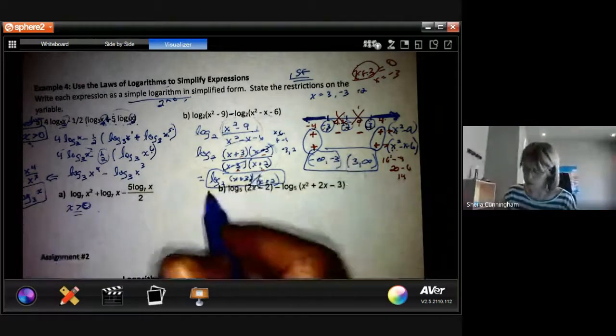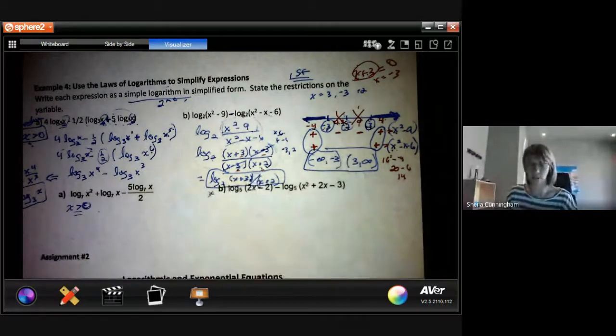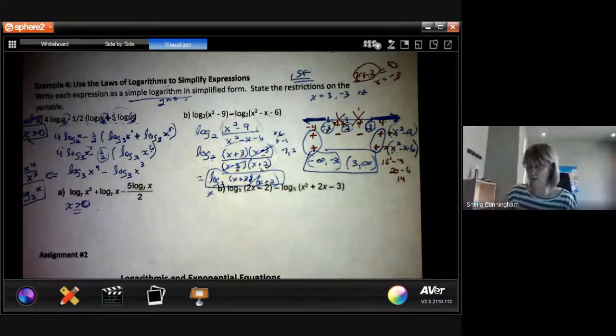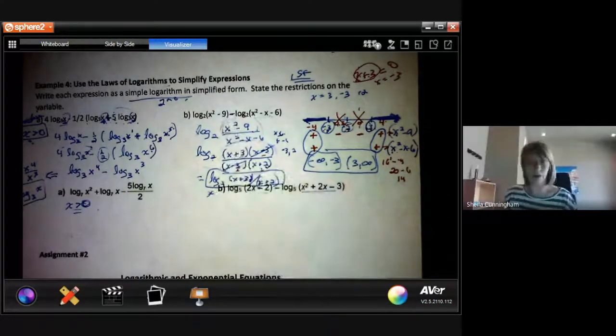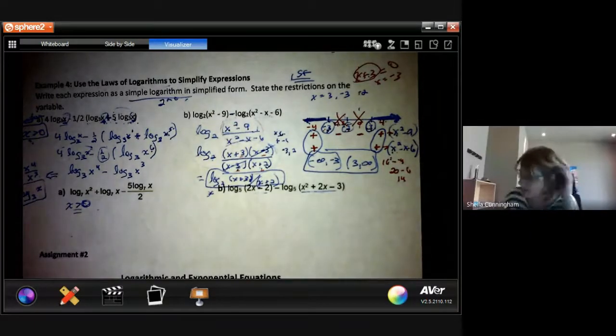But what I do want to do is let's do this next one over here, because this one's got, again, very similar to the one that we just finished, a little bit more elaborate pieces of logarithms here. So let's go through this process just like what we just did on the last one and see if maybe it makes a little bit more sense.